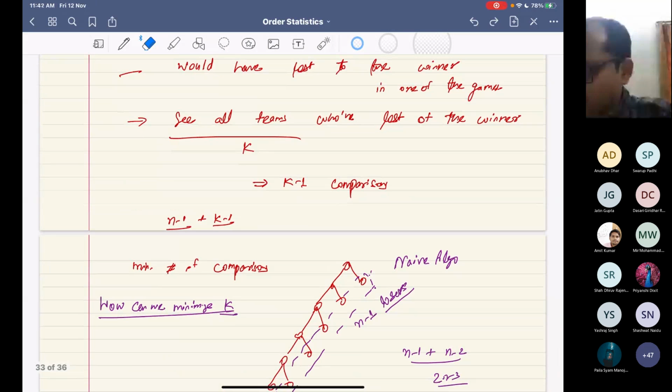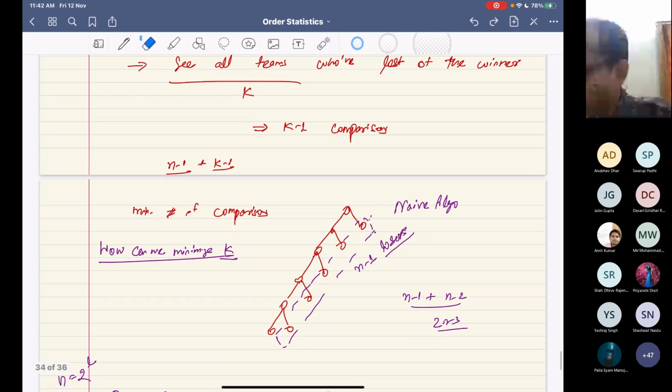And I said, okay, one naive way, like we do in our find max algorithm, is you keep on comparing max with each element, and one loses, and that's how it goes. So there will be n-1 people who will lose in our naive way. So that means I need these many comparisons.